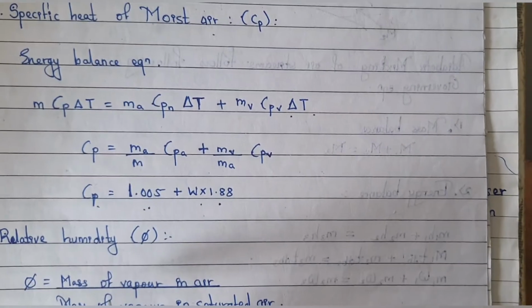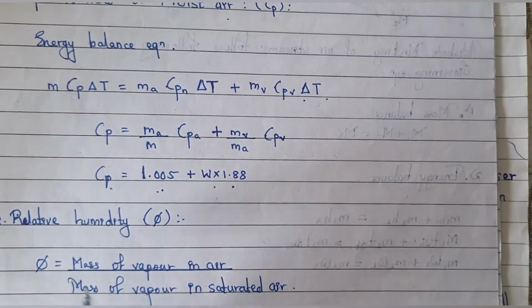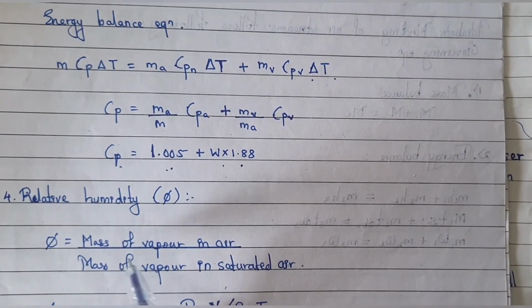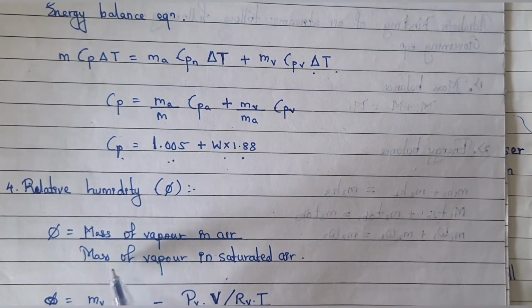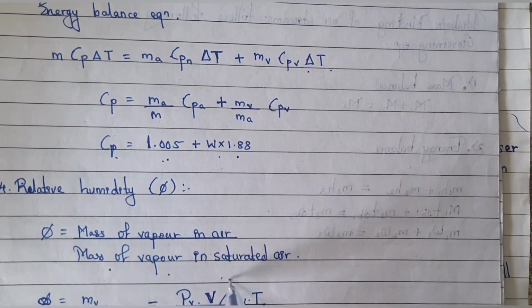Now moving ahead, relative humidity phi is given by phi is equal to mass of water vapor in air divided by mass of water vapor in saturated air.